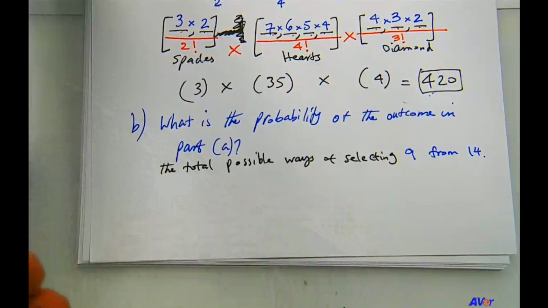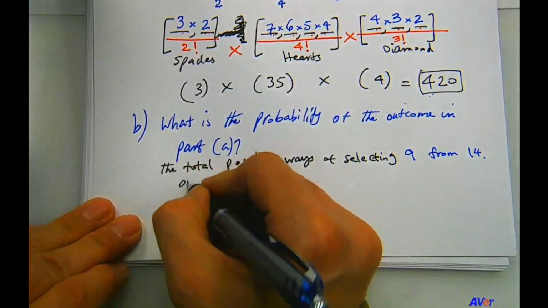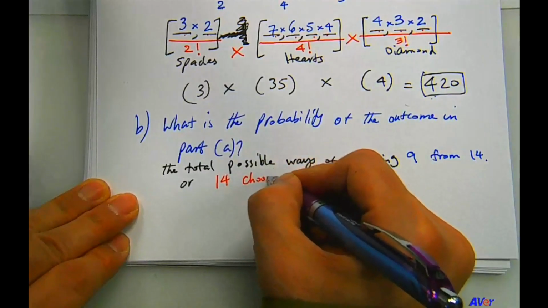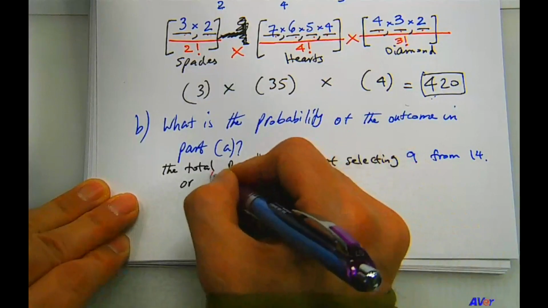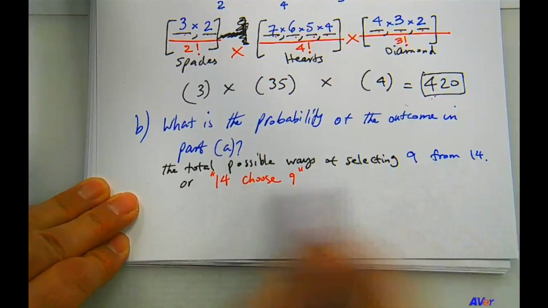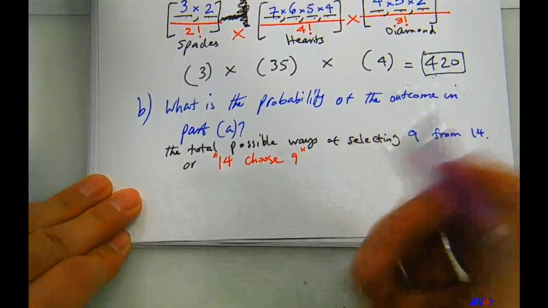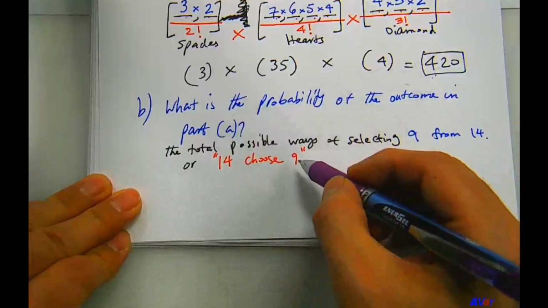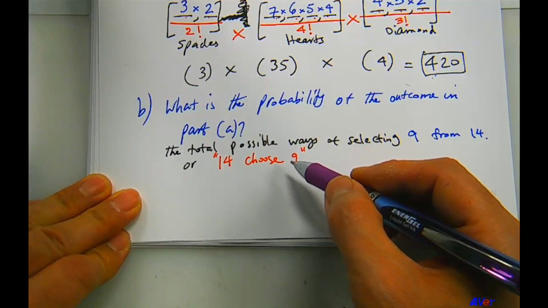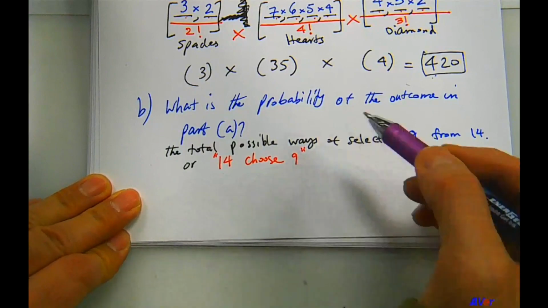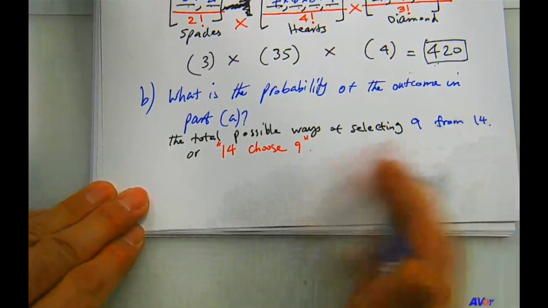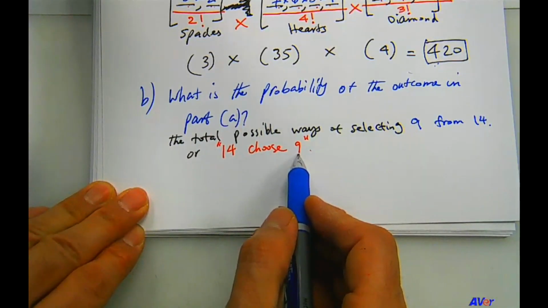Or 14 choose 9. It doesn't matter which language you use, this one or this one, they are the same thing. Usually authors in their books, they use this language for referring to a combination event calculation, 14 choose 9 in this case.